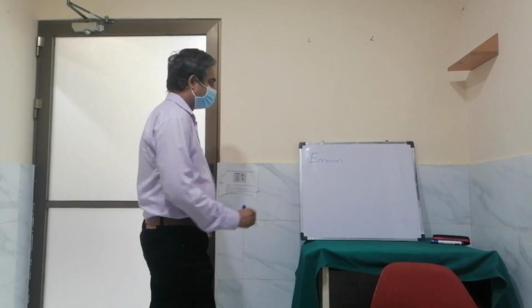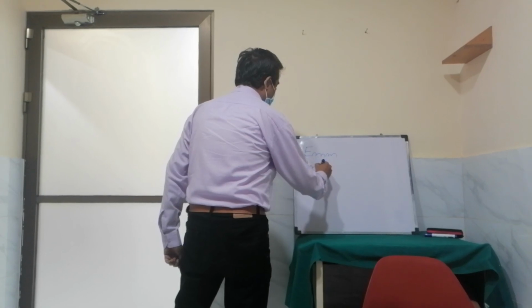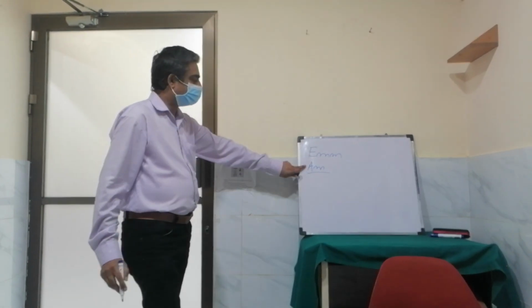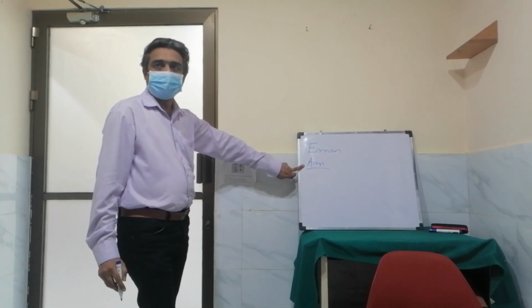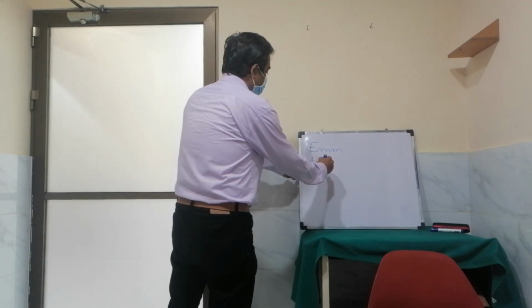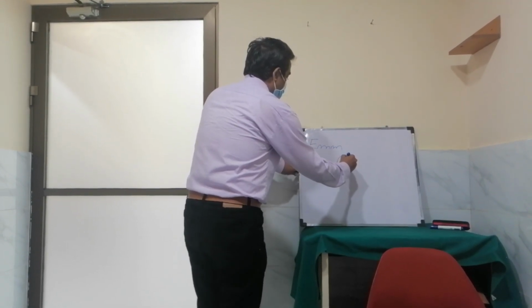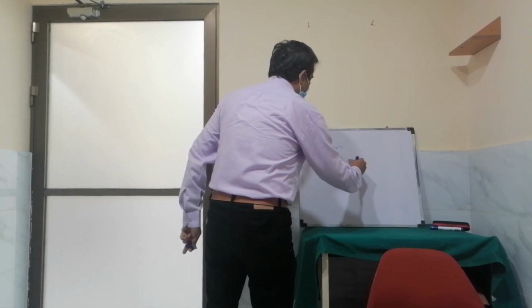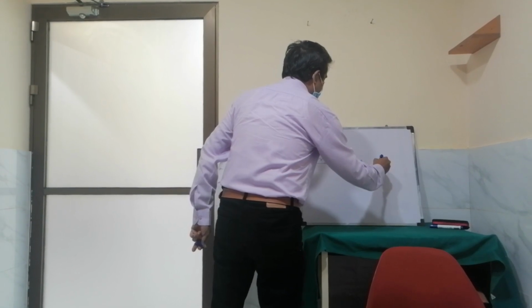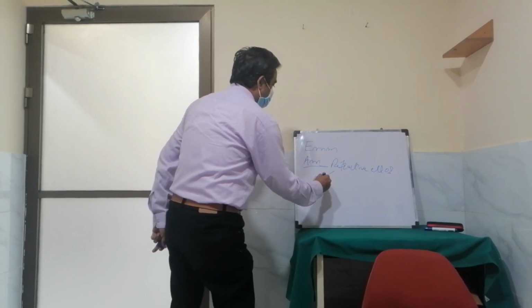And if it is ametropia, then it means there is some abnormality or anomaly. Okay, and these are refractive errors.